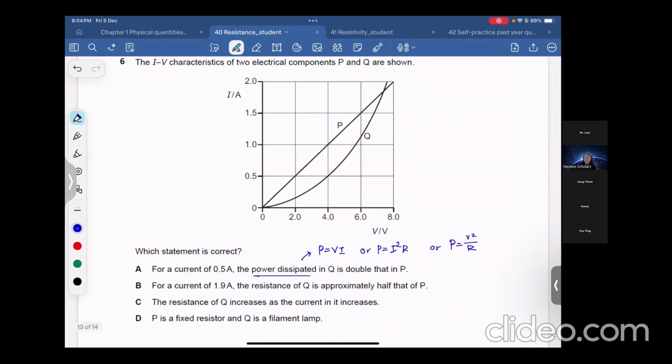Okay, number 6. What formula can you use to do the calculation so that you can know which one is correct, AB or CD? So boys and girls, can you try and then tell me what the answer is?